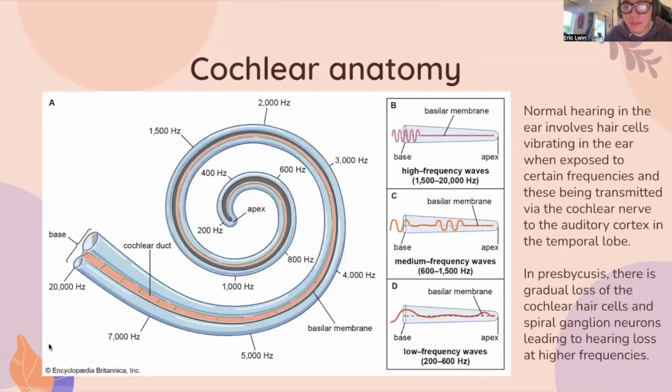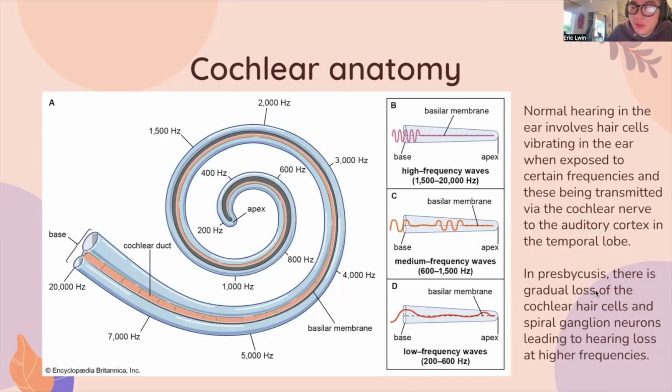So this is cochlear anatomy, which I should have potentially put earlier on in the slides. But essentially, normal hearing involves the hair cells in the cochlea vibrating when exposed to certain frequencies of sound. Depending on the area of the cochlea that is stimulated, these will be transmitted as sound via the cochlear nerve to the auditory cortex in the temporal lobe of the brain.